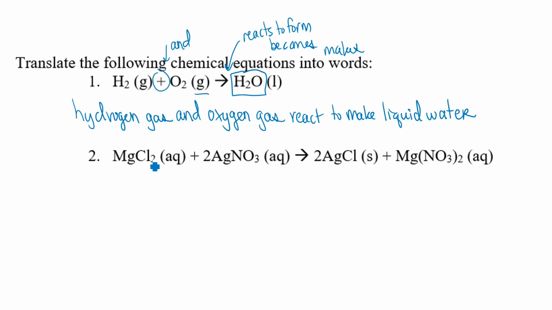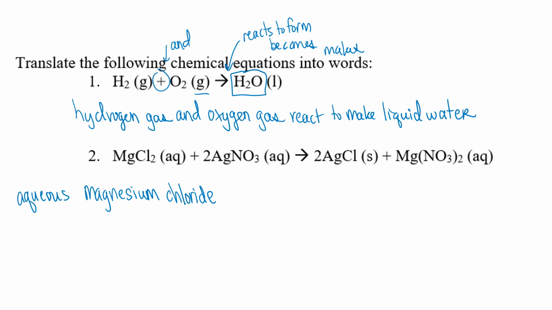So MgCl2, this is an ionic compound. When we name ionic compounds, we first name the metal, so magnesium, and then we change the ending of the second one to "ide." So instead of chlorine, it becomes chloride, and AQ means aqueous.